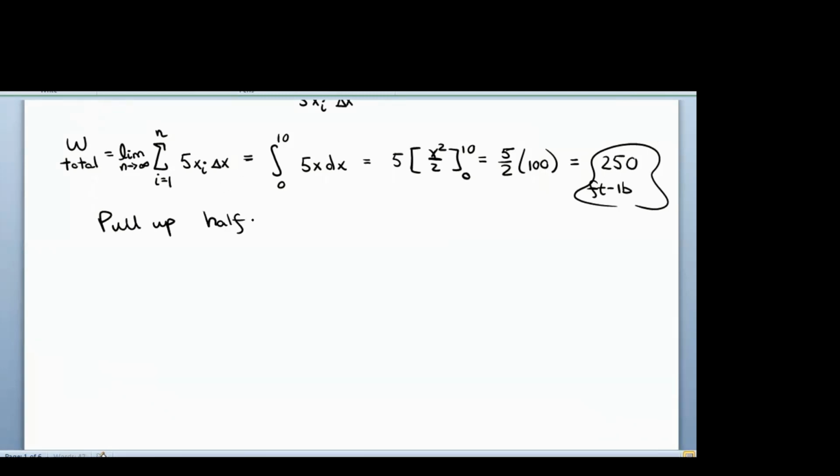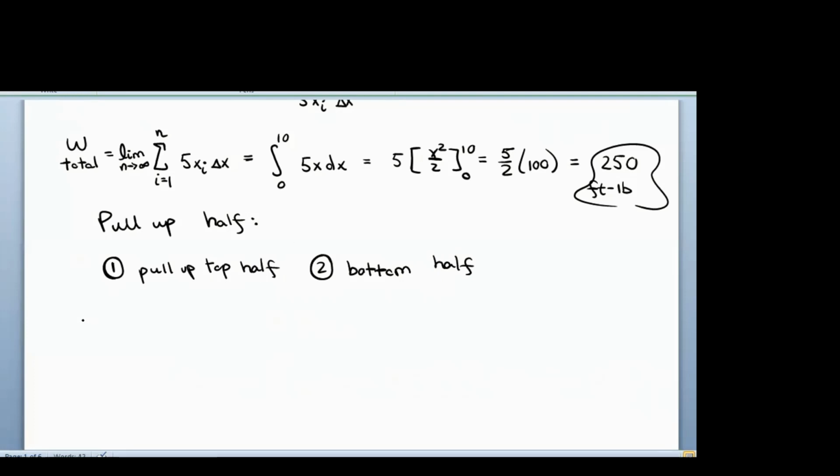What I'm going to do here is split this into two different situations, or two parts. The first is to pull up the top half, and then we're going to look at the bottom half. I'm going to look at these separately and then add them together.